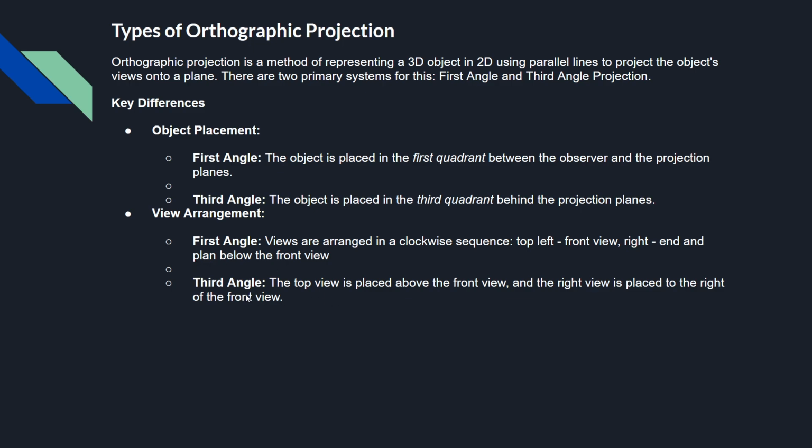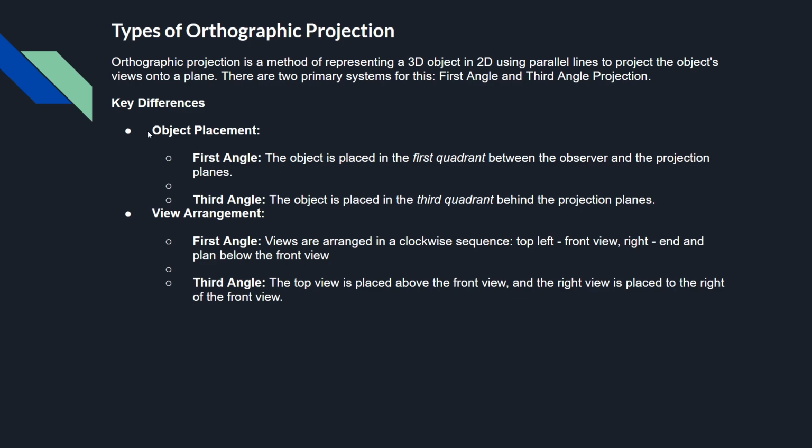Alright, and for third angle, it's basically flipped, or it's basically switched, right? Where the top view is above the front view, and the right view or the end view is placed to the right of the front view, right?